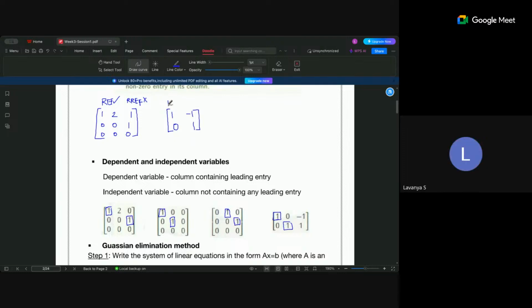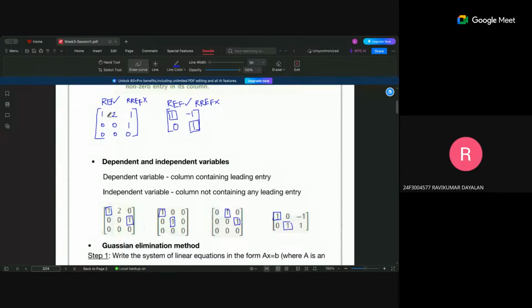But be careful. It is REF, fine, but RREF, are you sure? No, ma'am, it is not RREF. It is not RREF because this is a leading entry and the column contains a non-zero element apart from this. So again, this is not RREF. Ma'am, but in the one which you put on the right, 1, 2, 0, the second column is having 2, right?